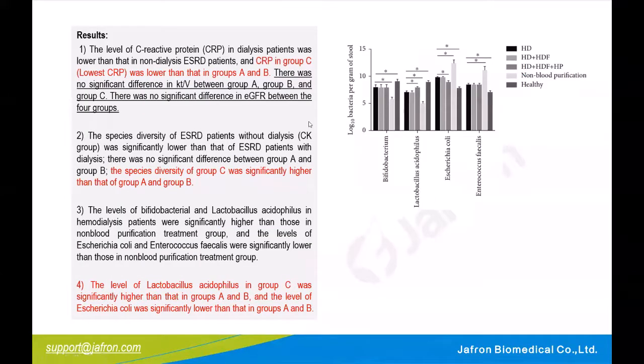So it was shown from the publication that group C, when patients received hemoperfusion, showed the lowest CRP level after the study, compared with group A, group B, or the CK group with the 24 ESRD patients.